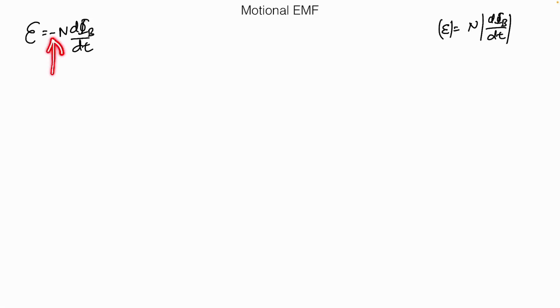That minus sign right there. That minus sign means fight the change. Whatever this derivative is, we're going to be the opposite of it. Over here, the giveaway are the absolute value signs. Just calculate the magnitude and then figure out the directions using Lenz's law. Either way, you've got to use Lenz's law. Don't ever rely on a derivative to tell you what to do.